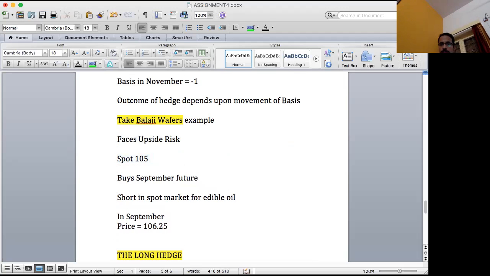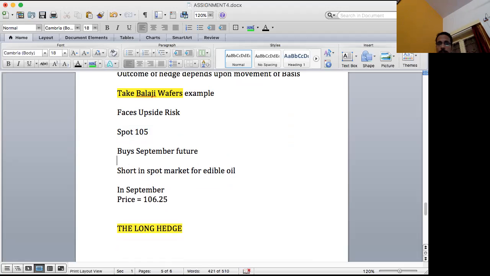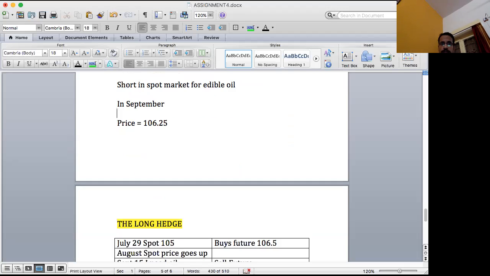They fear that the spot price will go up from 105. So what do they do? They buy the September future, and they are short in the spot market for edible oil. So come September, the price has actually risen to 106.25 from 105.